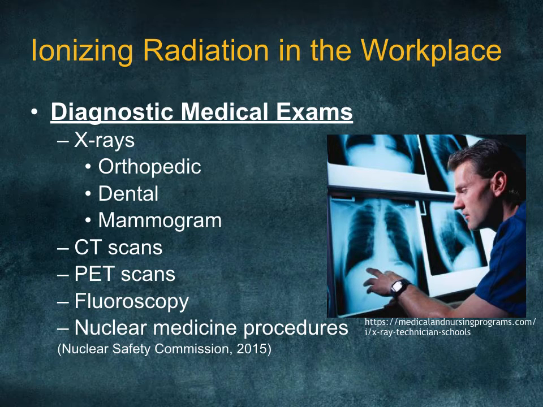They are also used as screening tools for breast cancer as mammograms. It is safe to say that almost everyone has had an X-ray performed, which means almost everyone has been exposed to the ionizing radiation from X-rays. Other common sources of ionizing radiation in the hospital would be CT scans, PET scans, fluoroscopy, and nuclear medicine procedures.